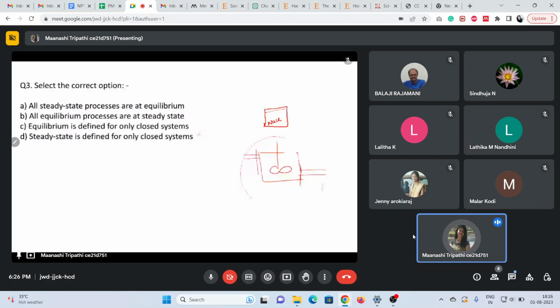Even here we are making the system closed, then only we are able to say if the system is in equilibrium. So for any equilibrium it has to be a closed system, nothing else.